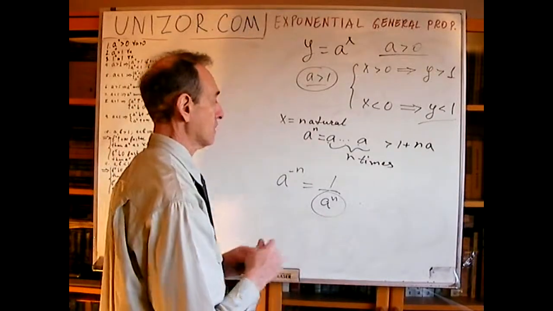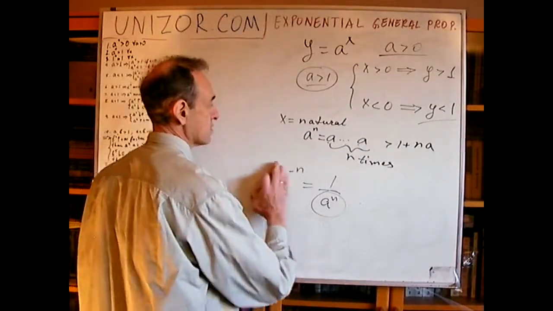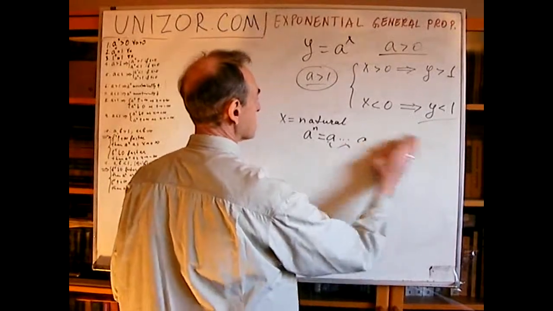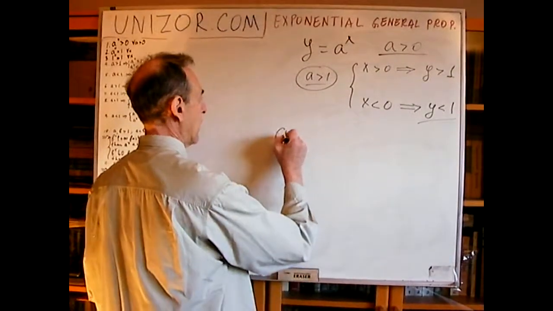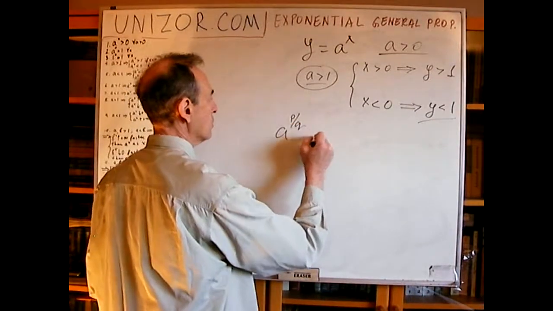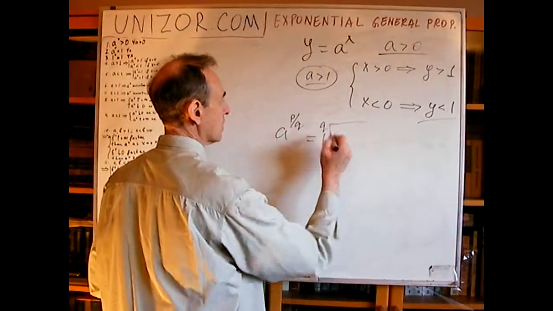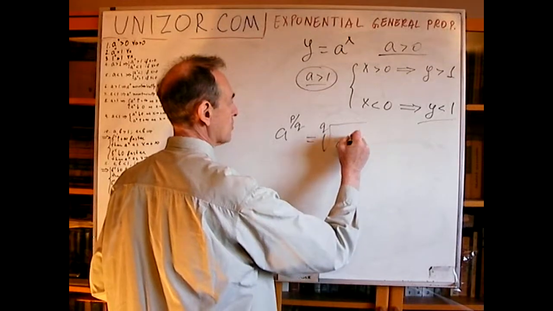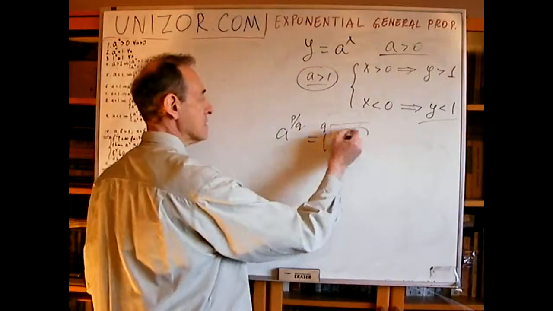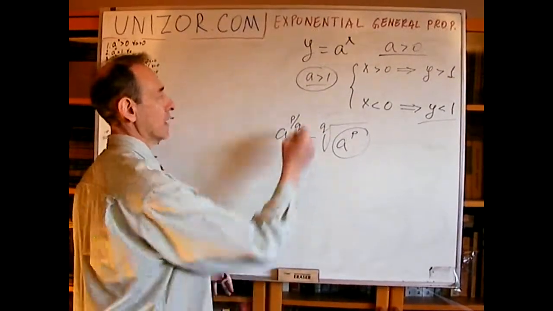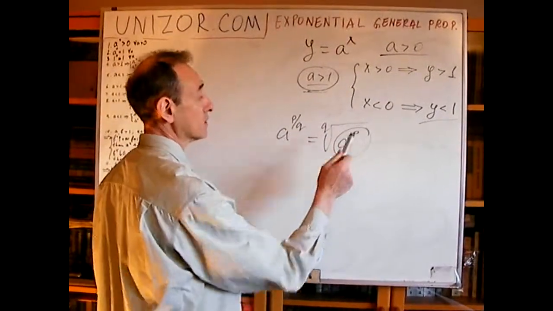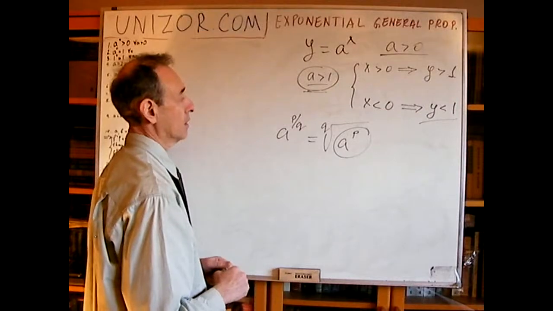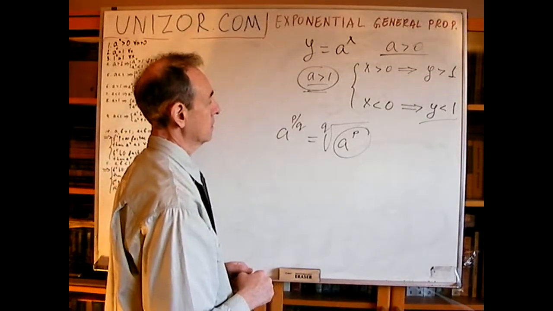How about rational? Quite frankly, it's exactly the same thing. Let's again start with this. If you have a to the power of p over q, which is by definition the q's root of a to the power of p, now we have already proven that this is greater than 1, and positive obviously as well.